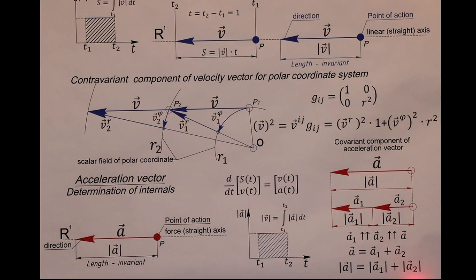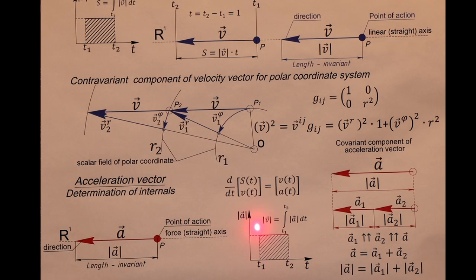The answer to this question we will know later, while I take it on trust, because representation vector values are covariant and contravariant components. The acceleration integral is the area under the line that expresses the invariant of velocity.